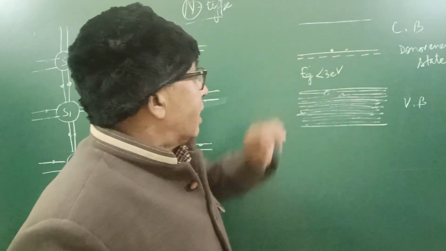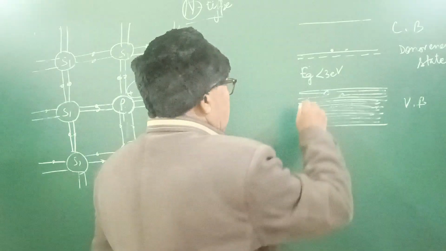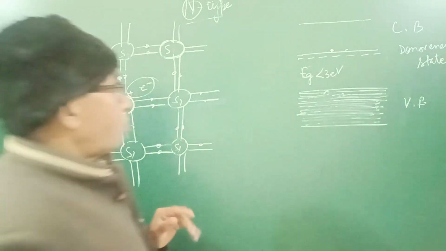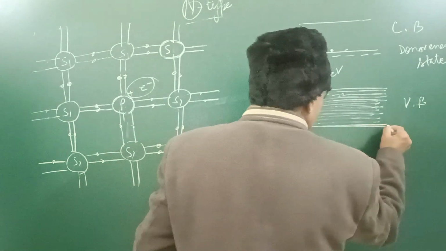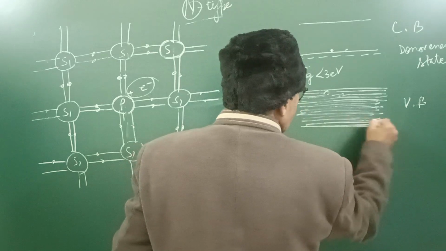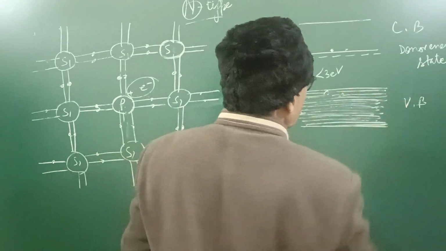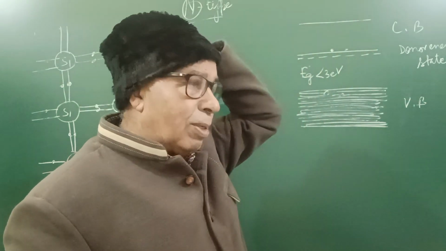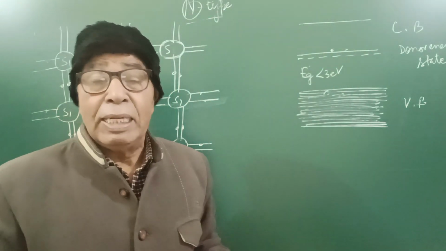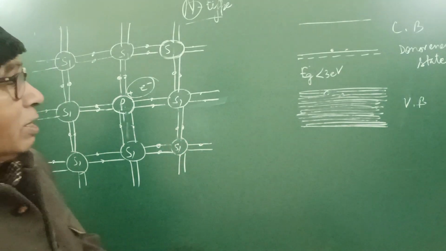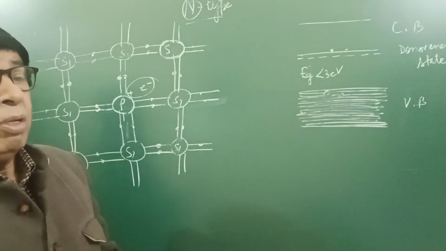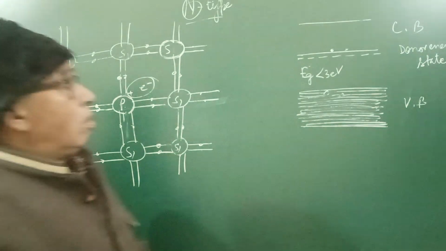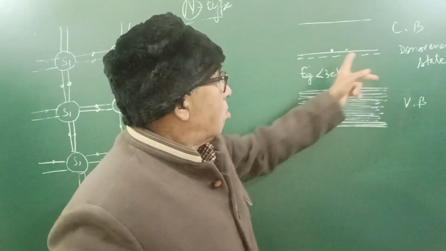Dotted line indicates the energy level of donated electron. At very low temperature, valence band is completely occupied by electrons. I have shown here 2 holes and 2 electrons. These are at room temperature. But if our semiconductor is at very low temperature, then there is electron of this energy.